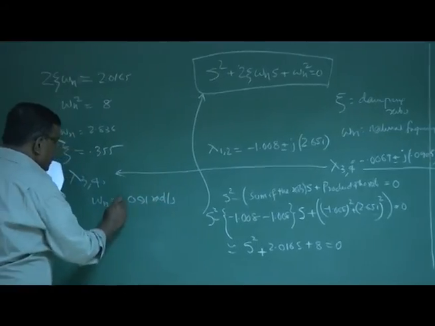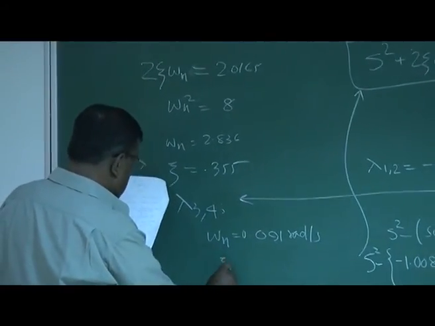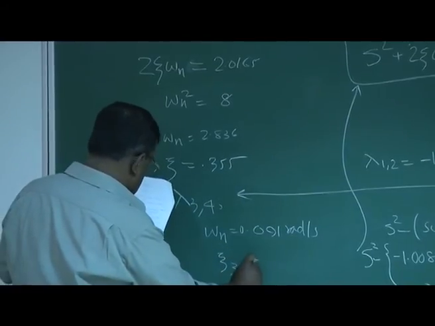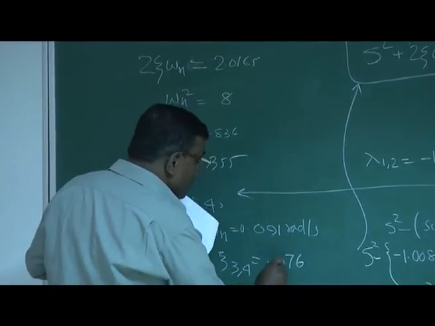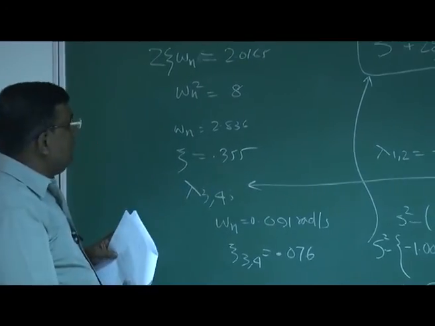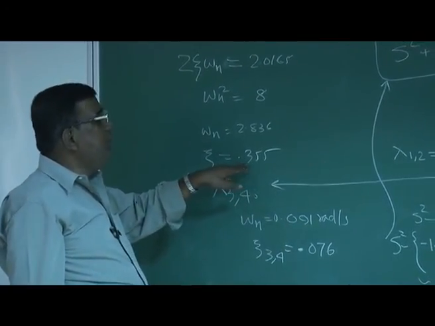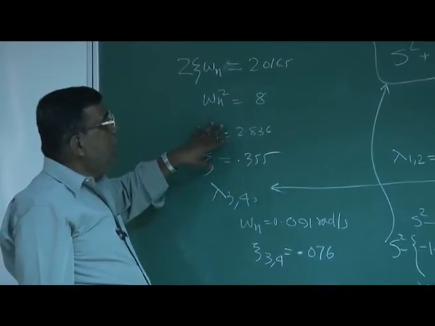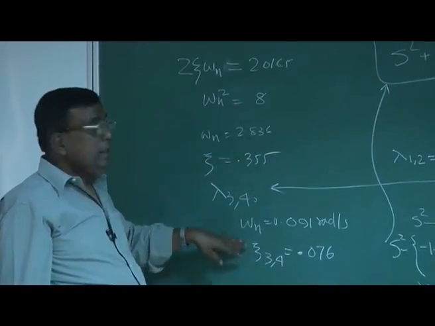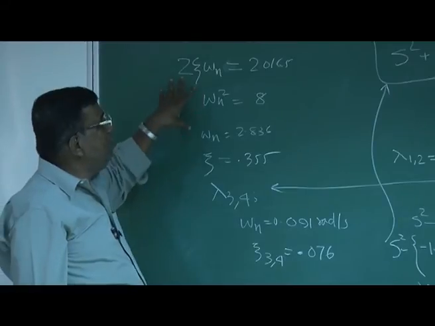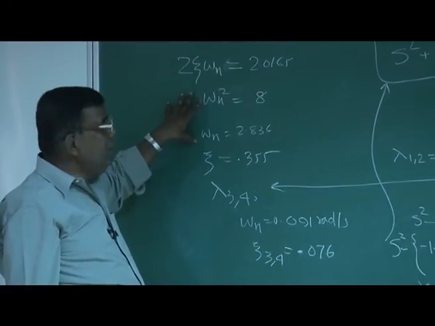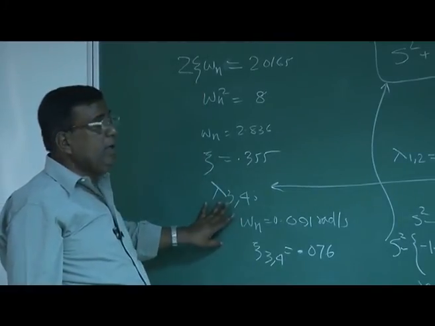You should solve it yourself, and you can expect one question of this nature in the exam. Zeta is 0.076, but here it is 0.355. So this one is highly damped compared to that. This is closer to a short period type excitation, and that is like a phugoid type.